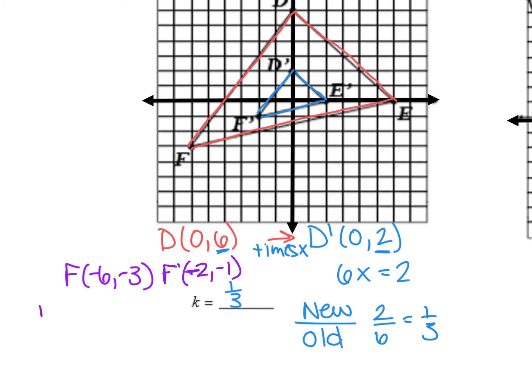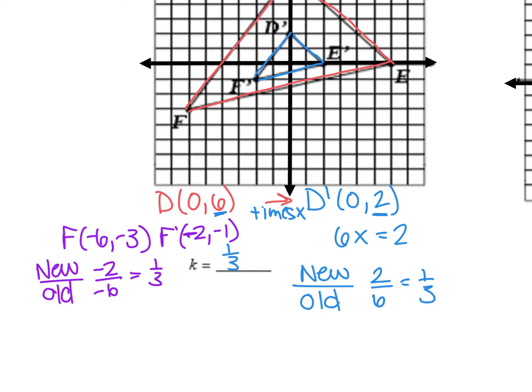So again, I'm going to take the new point and divide it by the old. For the x's, that would be -2 divided by -6. And yep, that's positive 1/3. For the y coordinates, it would be -1 divided by -3, which again is positive 1/3. So it looks like k is definitely 1/3.